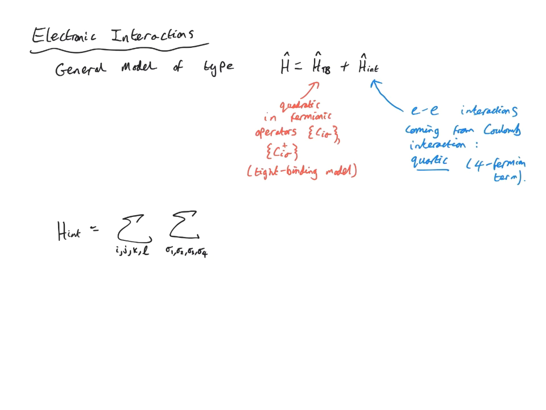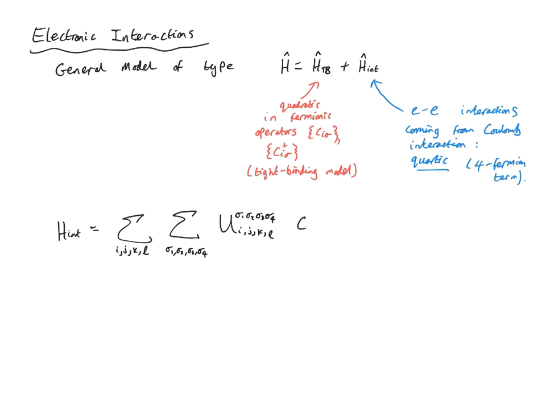Each of those sigmas can be either up or down spin. There will be some parameter, U, which tells us the strength of this interaction. It will depend on all of these things, which of course is an enormous tensor object with 8 indices, and the whole thing's horrific.